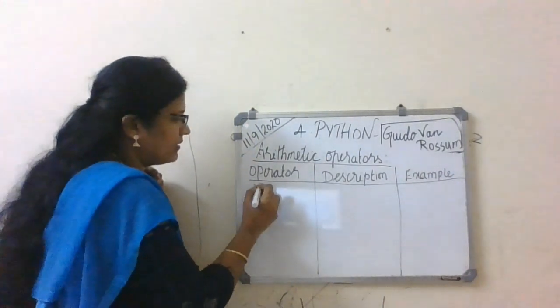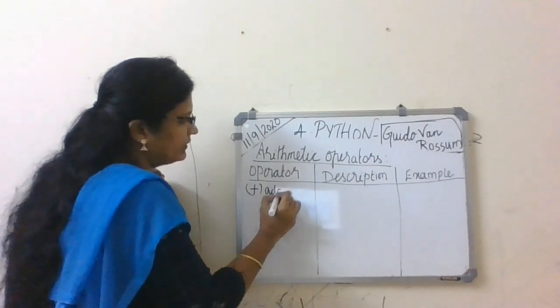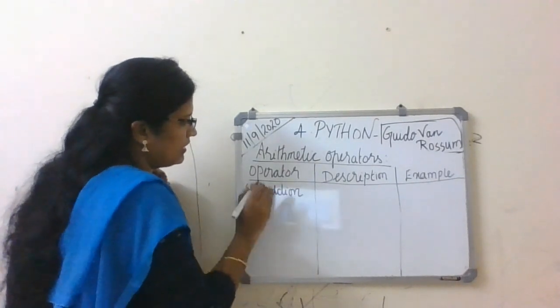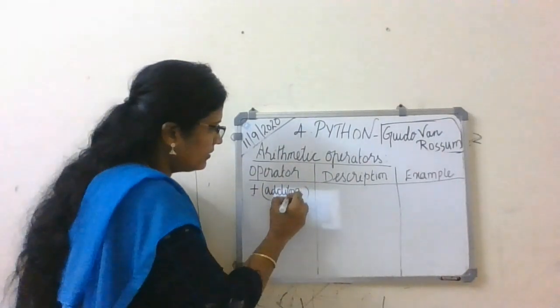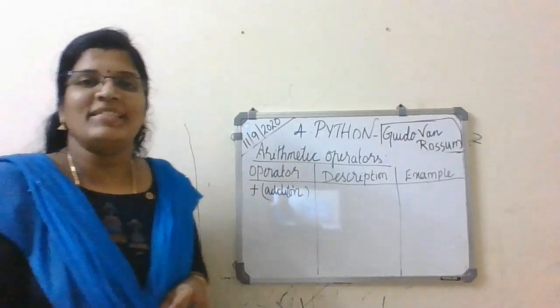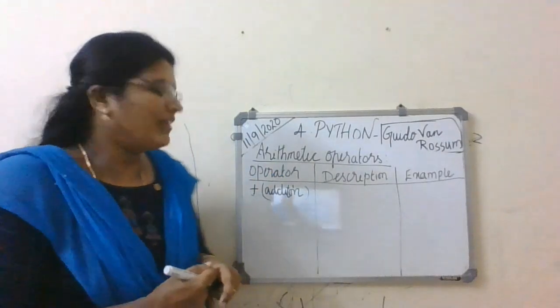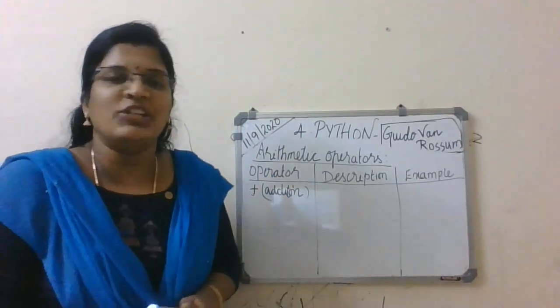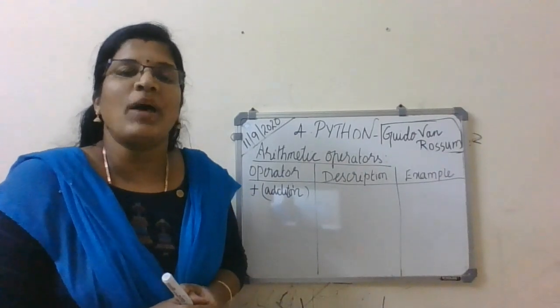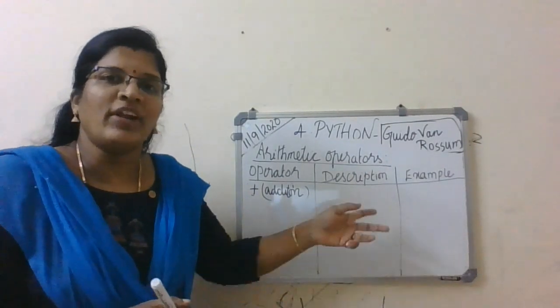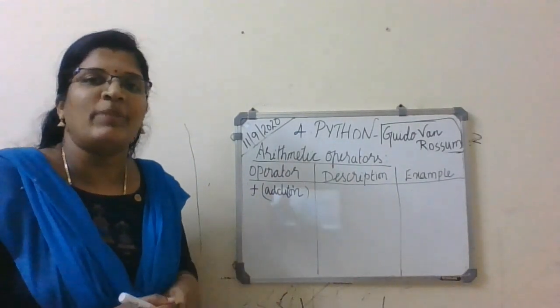The first arithmetic operator is, as you know, plus, which means addition. The description is to add any two numbers. You can write it by yourself.